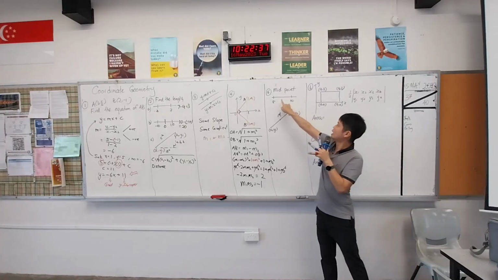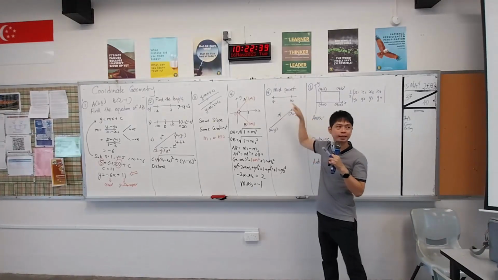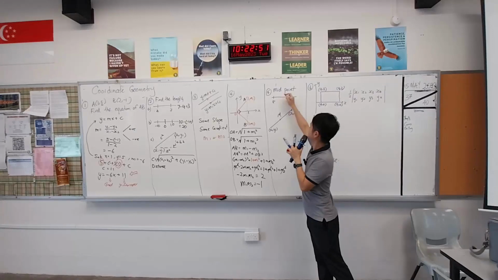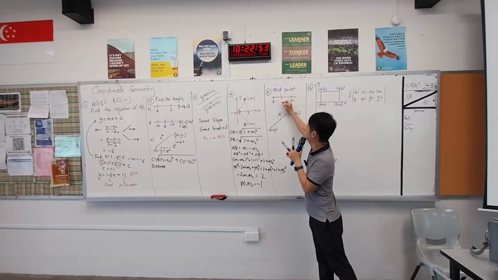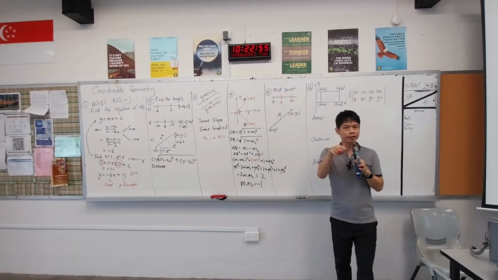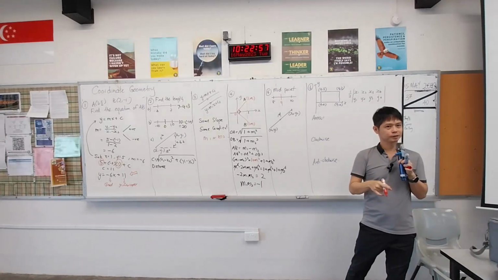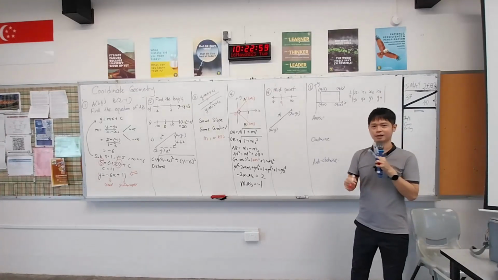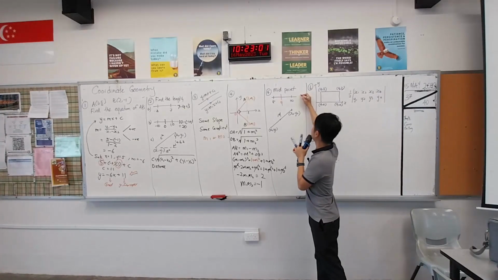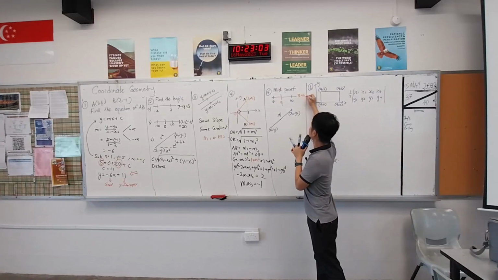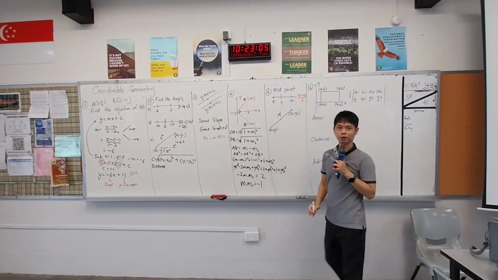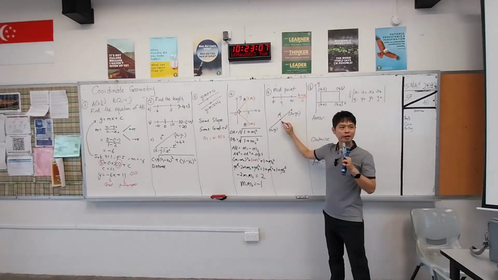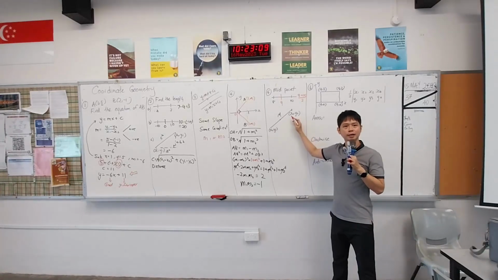Now midpoint. How do I find the midpoint of 8 and 10? Answer is the midpoint of 8 and 10 is 9, right? But the question is, how do I get 9? Okay, so it is 8 plus 10 over 2. So how do I find the midpoint of a diagonal line?